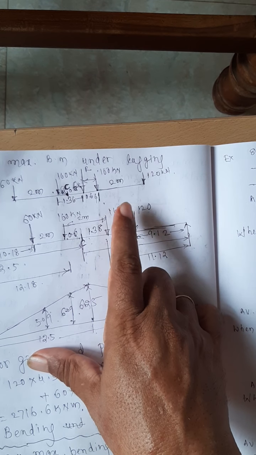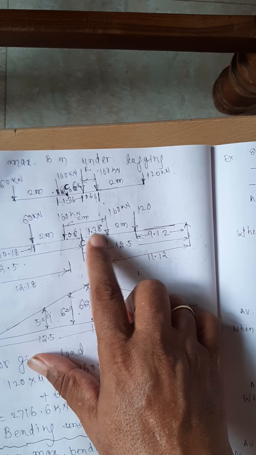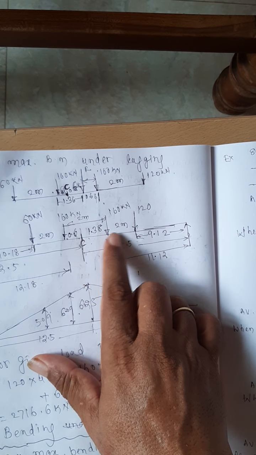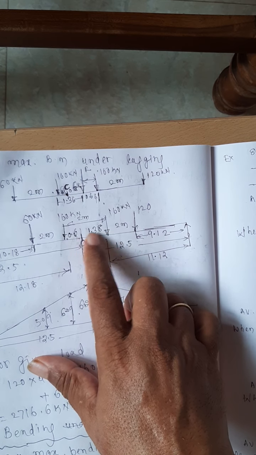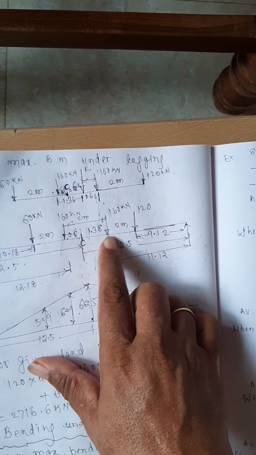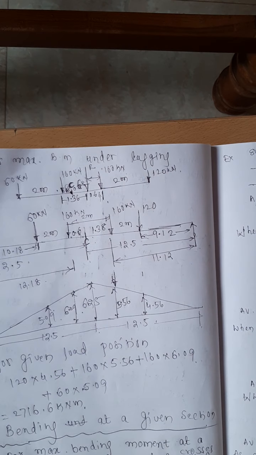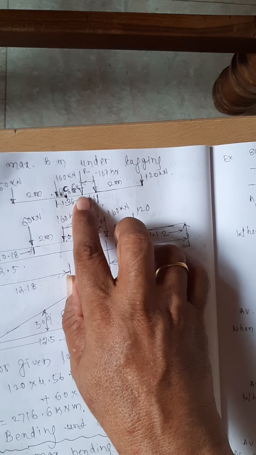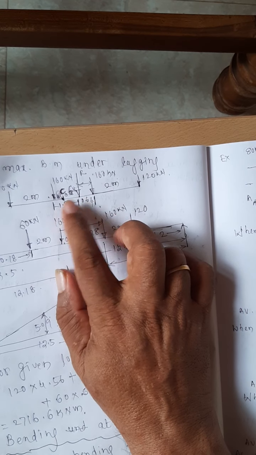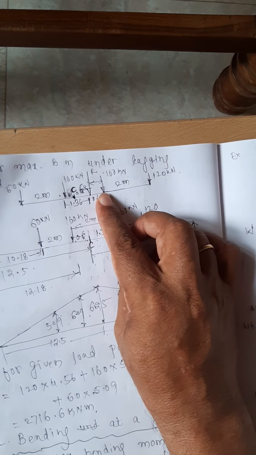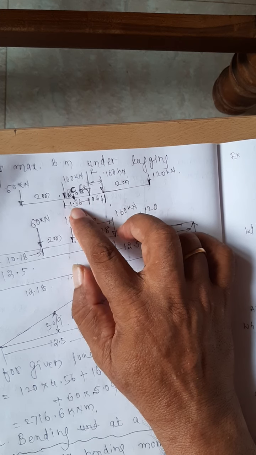This 160 was at a distance of, we kept it at a distance of 0.64. Here this total gap is equal to how much? 1.36. 1.36 divided by 2 is how much? 0.62.